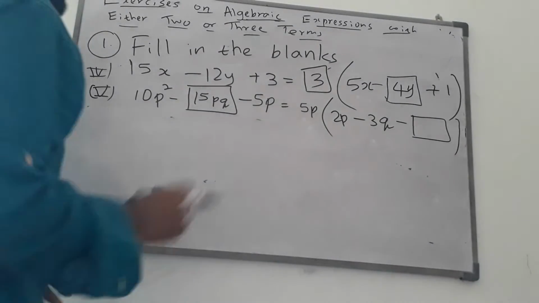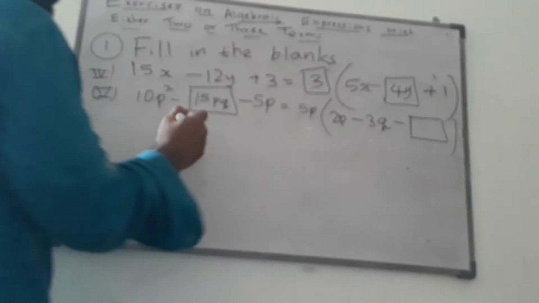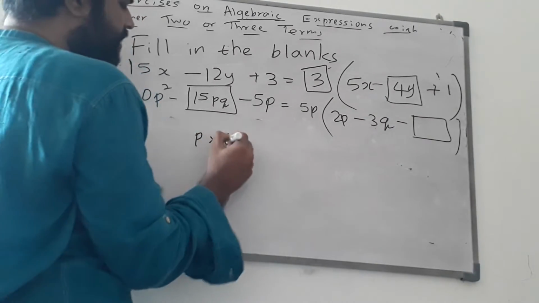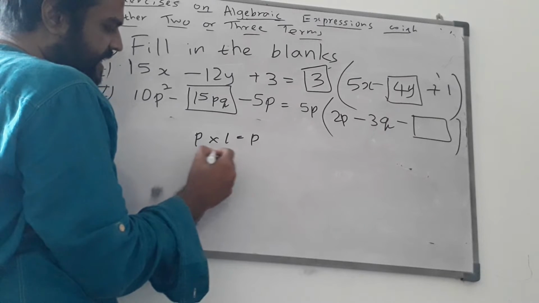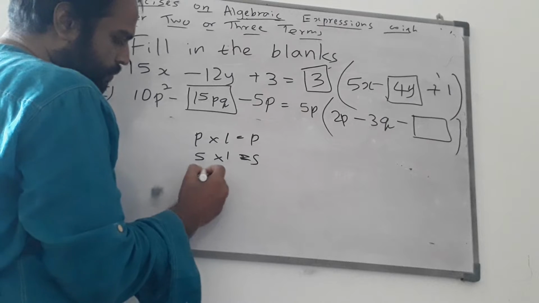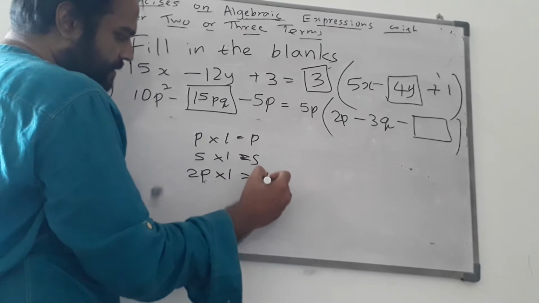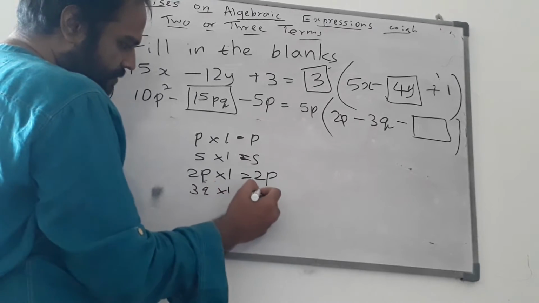And minus 5. 5p times something is minus 5. We know p times 1 is p. 5 times 1 is 5. Same as 2p times 1 means 2p. 3q times 1 is 3q.